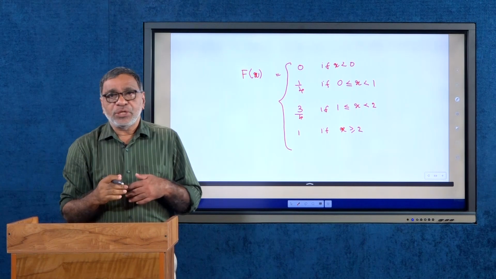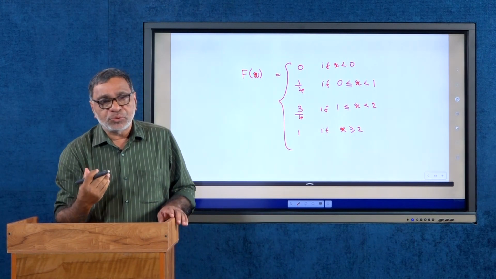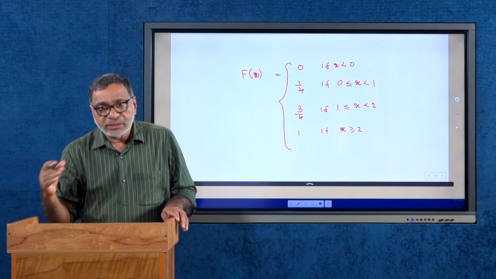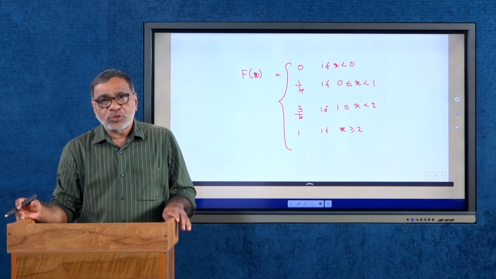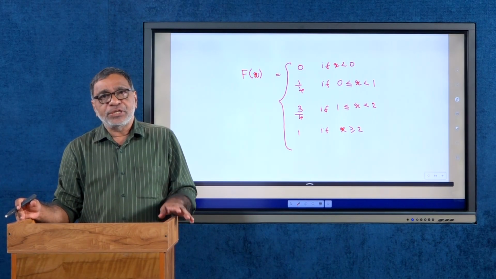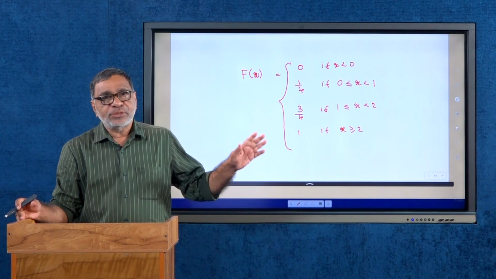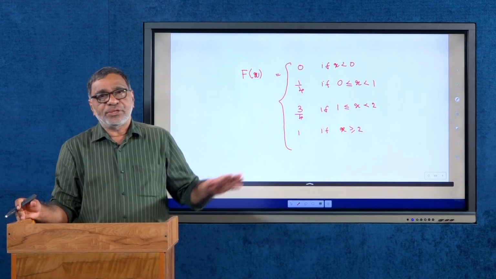So, corresponding to the random experiment of tossing 2 coins, and if X is the number of heads obtained, the distribution function is obtained as this function.